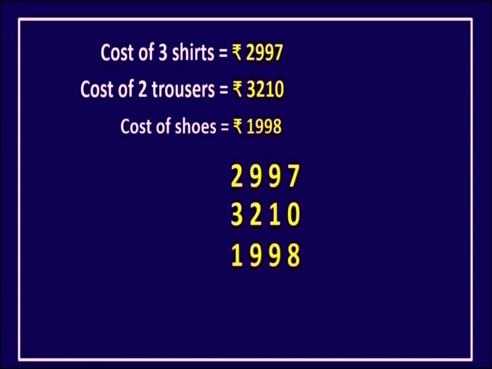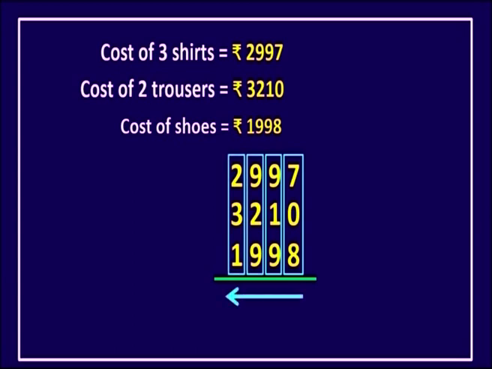Let us add these numbers, children. And children, we already know that we are going to start adding numbers from right side towards the left side. That means we are going to add first the ones digit, then tens digits, then hundreds digits, thousands digits and so on.